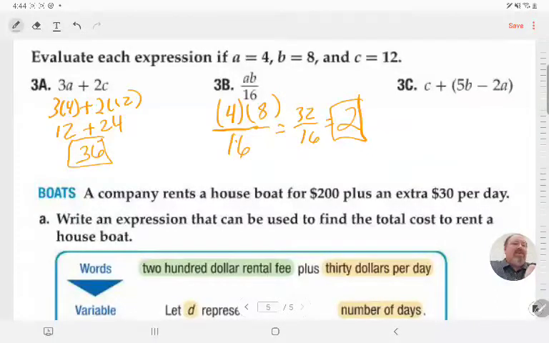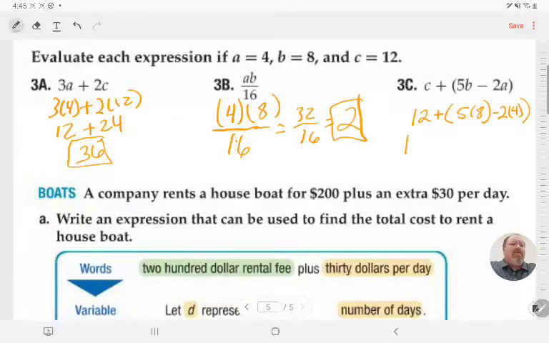Then on C, we have 12 for c, plus 5 times 8 is for b, minus 2 times 4 is for a.